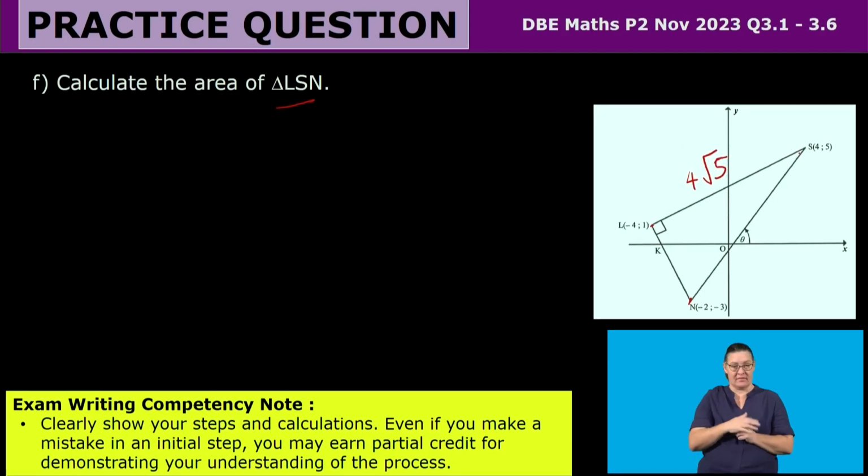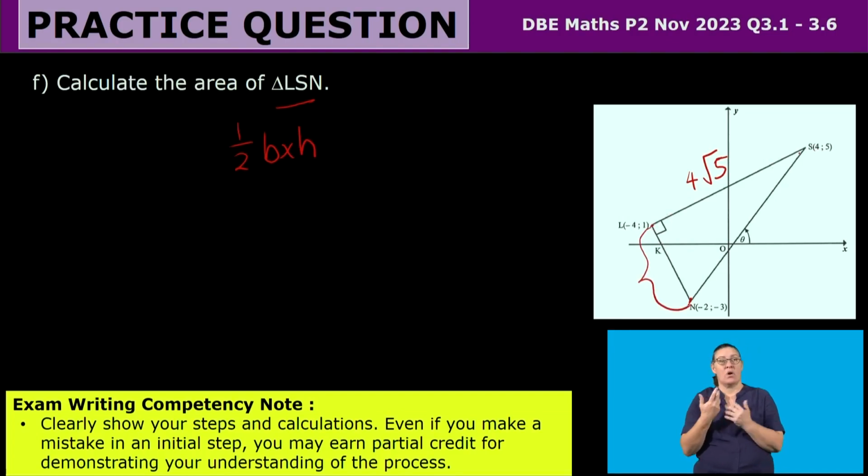Okay, we've already worked that out. Now they want us to work out the area of the triangle, which we know is going to be the simplest formula, half base times height. We've got that we worked out LS is 4√5. How do we work out LN? Well, once again, we can use the distance formula. So let's work out LN.